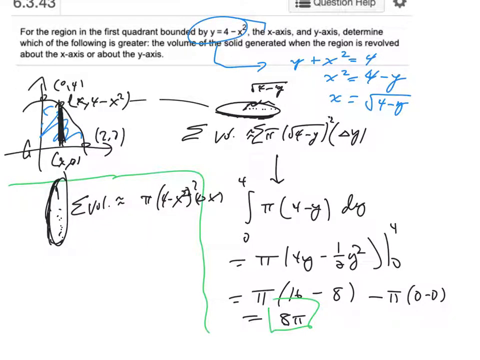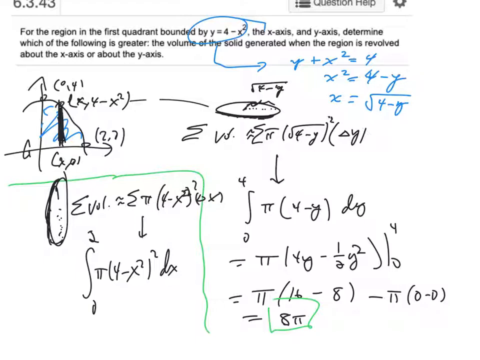The sum of all those volumes of the disks is going to be my estimate of the volume of the solid. So when I sum all those up in the limit, that becomes the integral of pi times 4 minus x squared dx, and the values of x here are 0 to 2.